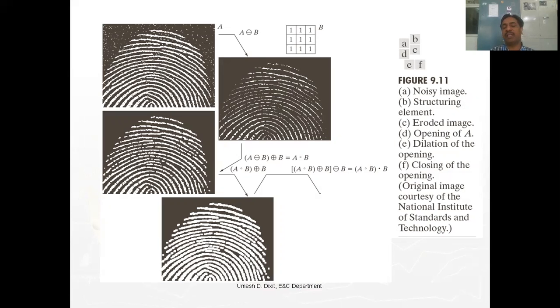Here we have one more classical example of opening and closing. In many image processing operations, opening and closing are used to enhance the quality of the image. If you look at this first diagram, it is a noisy fingerprint impression. To enhance its quality, we can use a set of operations. First we take the noisy image and the structuring element.